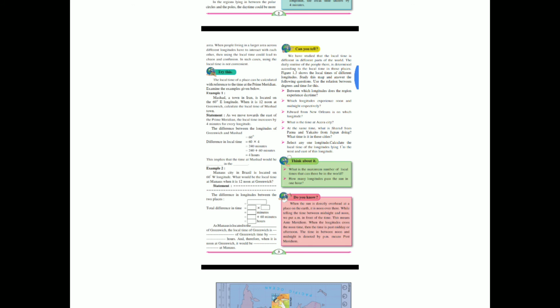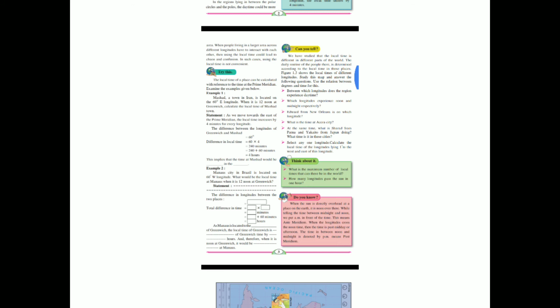Sharad's time in Patna is 5:30 p.m. and Yaketo's time in Japan is 9:20 p.m. Select any one longitude, and calculate the local time at longitudes lying 1 degree to the west and east of it. It is homework or an extra activity for you.